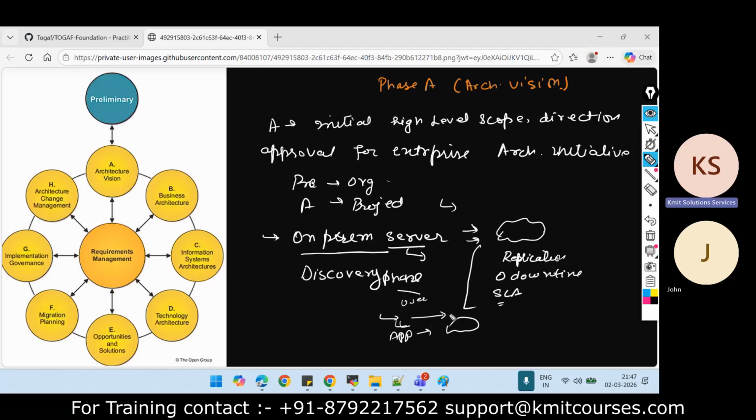You may identify the technology, but the technology phase is a separate phase. So what will be the strategy and objectives? Those things are identified here. So what and how, that is basically in this particular phase.